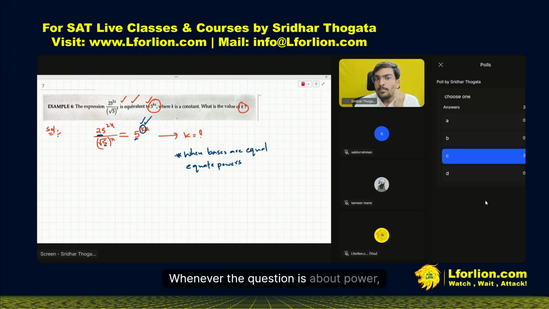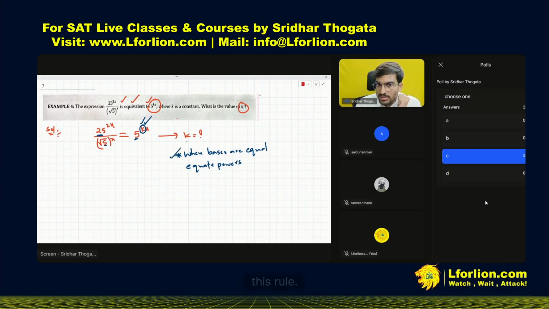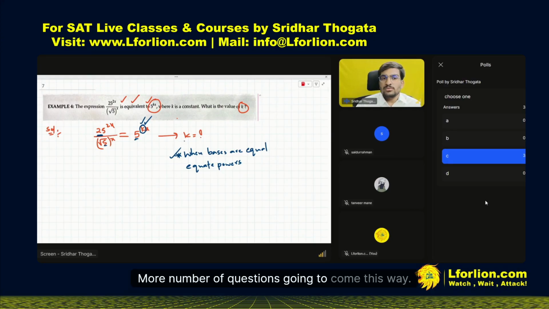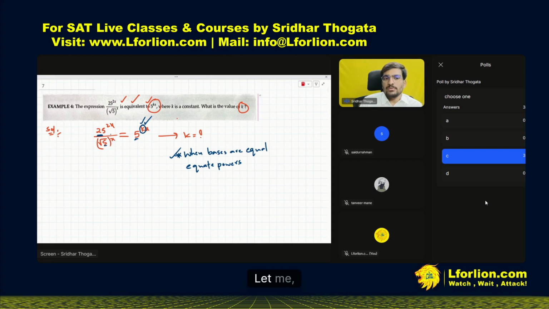Whenever the question is about power, definitely we are going to use this rule: when bases are equal, equate powers. Remember, it's a fixed thing. More questions are going to come this way. They are going to ask you about the power k or power something. So how do we solve? We try to make the bases equal, and then we equate powers.